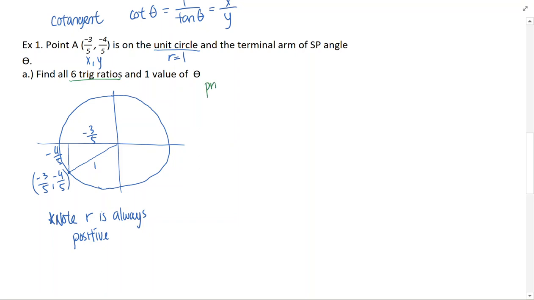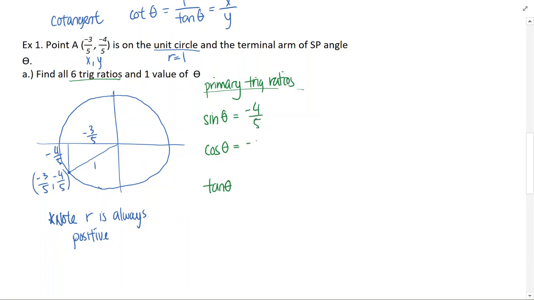First, I'm going to start with what we call the primary trig ratios. These are the ones we are familiar with: sine, cosine, and tangent. Remember, with sine on a unit circle, we're really just looking at the y value, so that's -4/5.